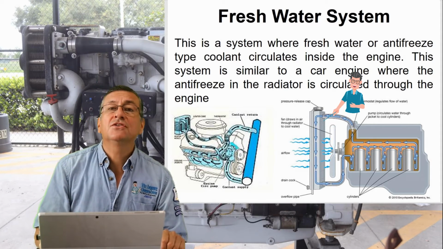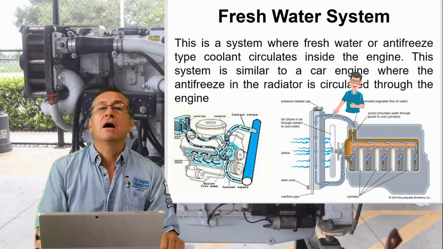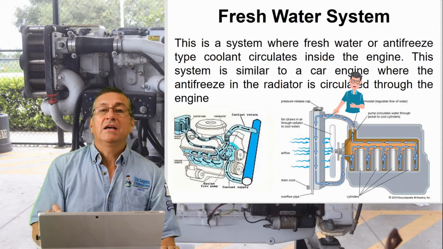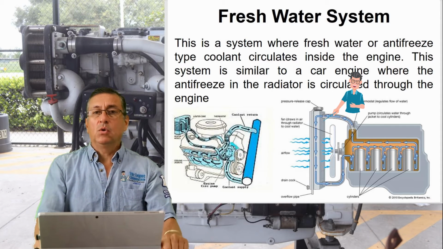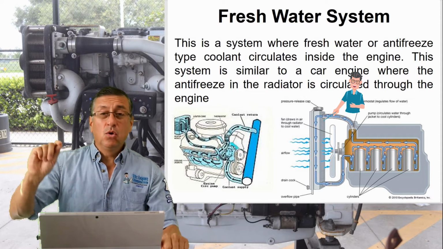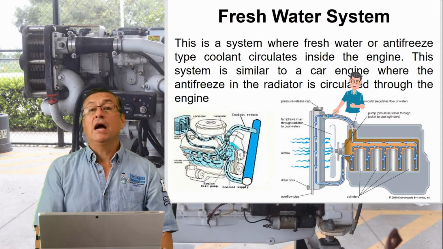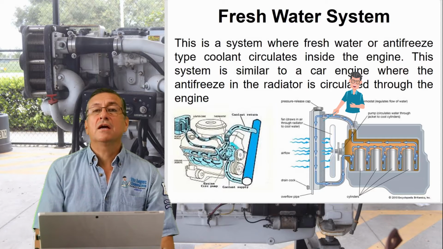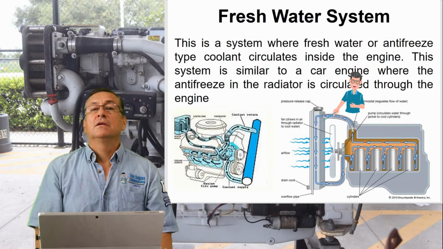The coolant is refrigerated by the radiator, like the picture that you have on the screen right now. The coolant internally in the block and the head passes through the radiator, and the radiator cools the coolant, decreasing the temperature, and the coolant returns into the engine at low temperature. What happens in the radiator? The radiator has a fan, and the fan circulates the air through the serpentine of the radiator, and the coolant decreases in temperature.